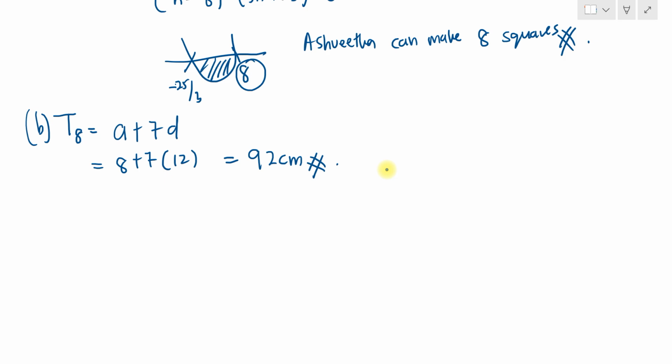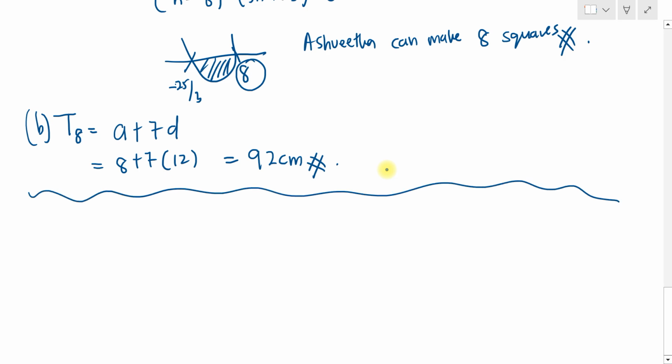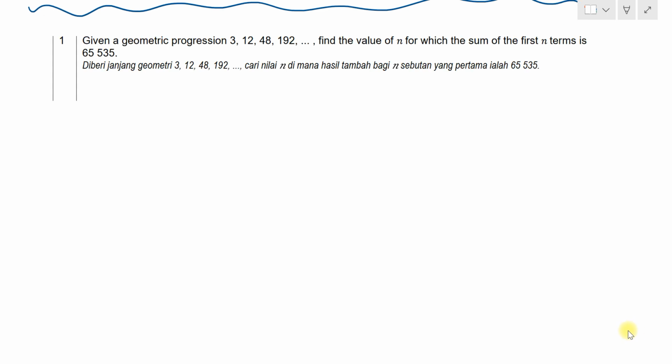So your AP problem solving ends here. Let's enter the GP problem solving. The first question: given a GP with the terms of 3, 12, 48, find the value of n for which the sum of the first n terms is 65,535. Oh, this kind of question will not come out, the question is too easy.